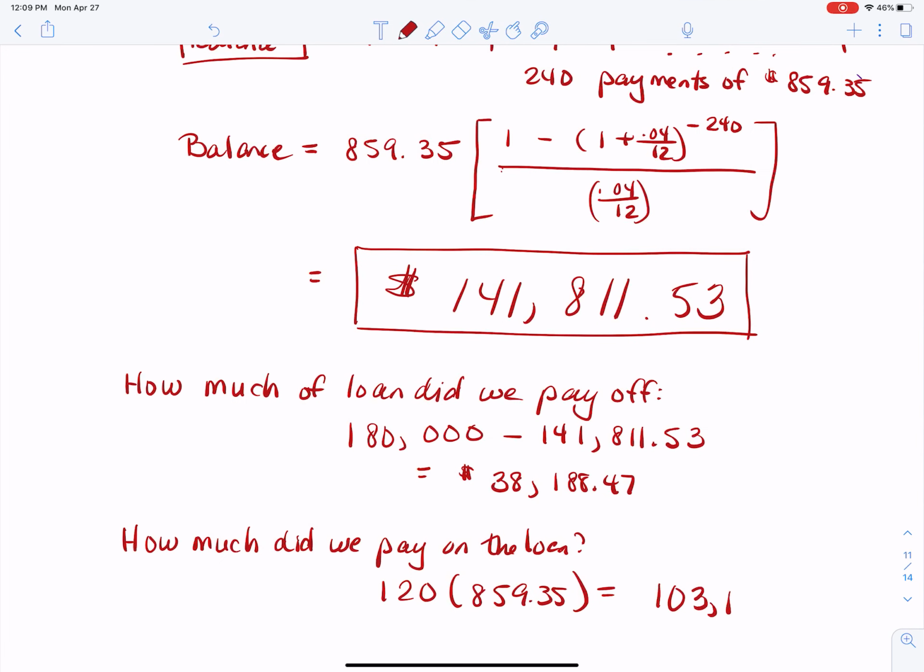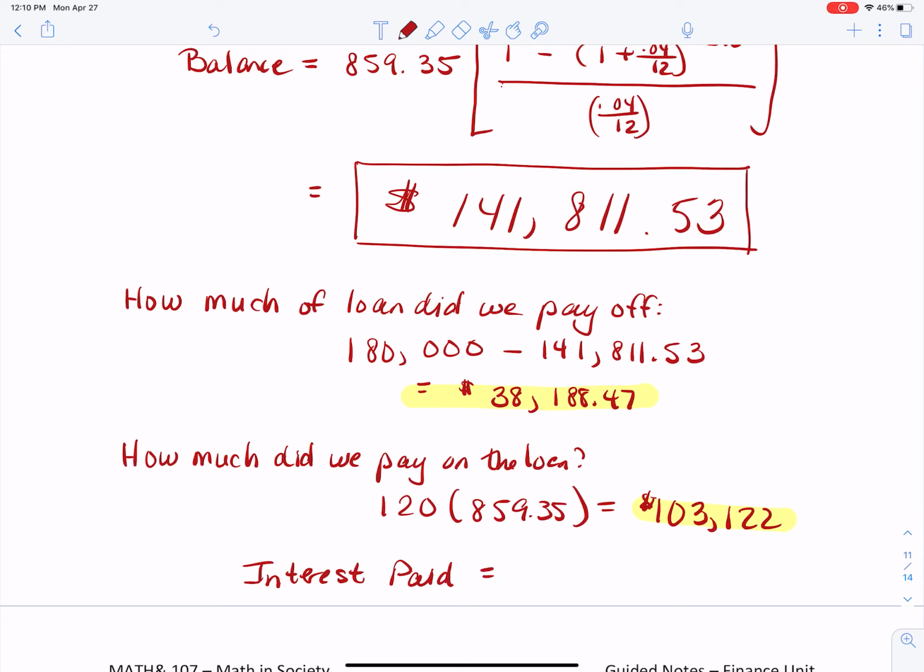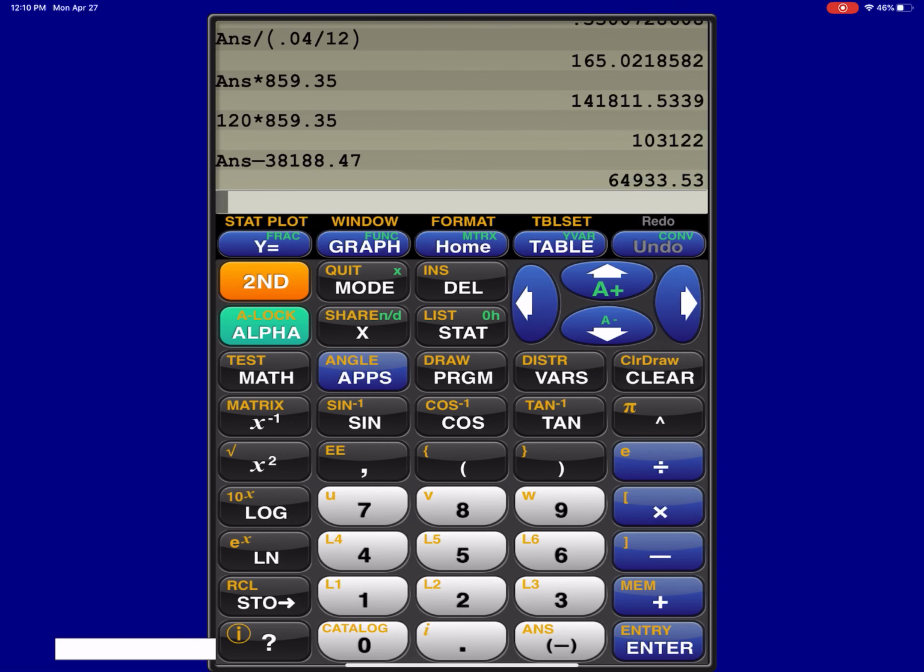So if we look at the interest paid, it's the difference between these two, which is a lot of money. $64,933.53 in interest.